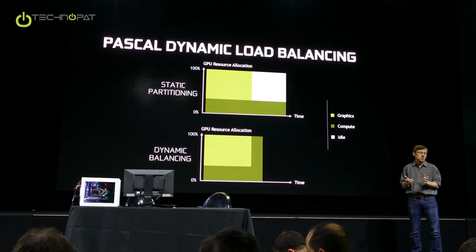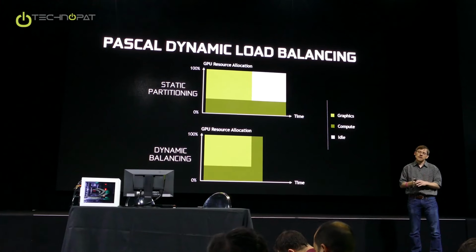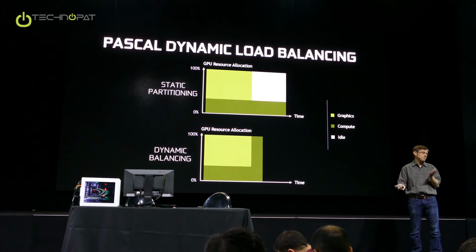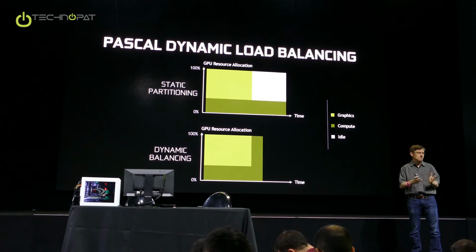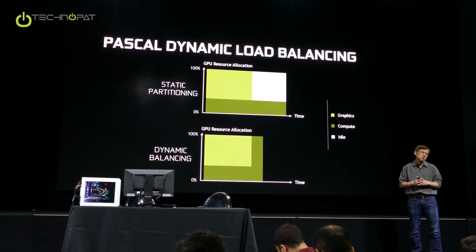So static partitioning requires you to get that balancing right. And the challenge is, how do you know if that balance is right? We can look at an application and get a feeling for what might work, but you've got to set it up right. And if the workload changes and your balance isn't right, that can take away from the upside you could get from doing overlap.